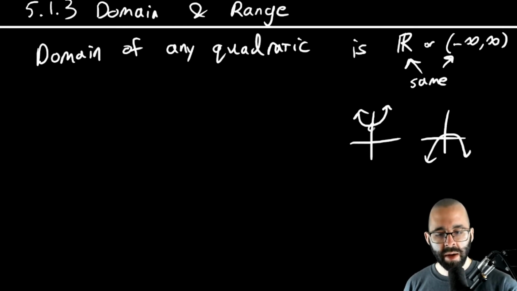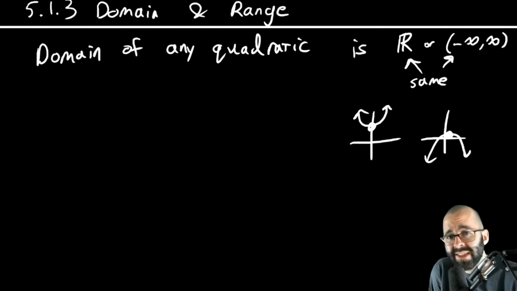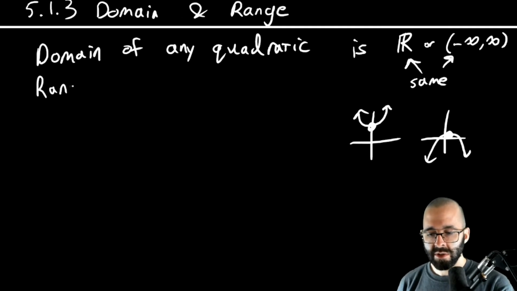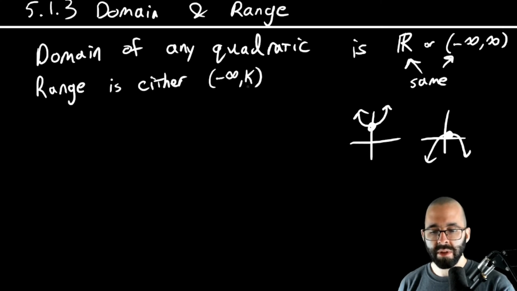Well, if there's a minimum, the range is just that minimum up to infinity. If there's a maximum, then the range is just negative infinity up to that maximum. But either way, that maximum value is at the vertex. So range is either negative infinity up to the maximum or the minimum up to positive infinity.